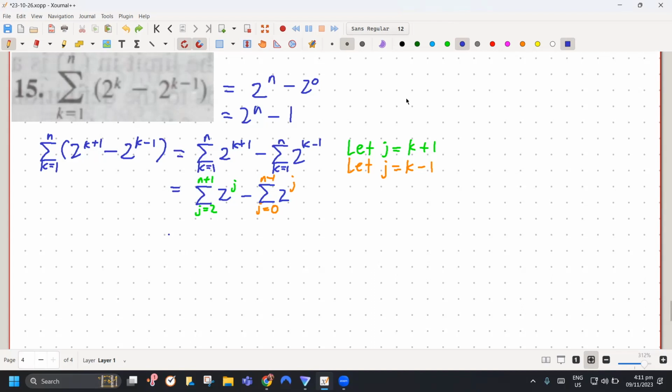So, hindi sila pareho, yung dalawang summations niya, they look identical, except hindi sila pareho ng ranges ng j.